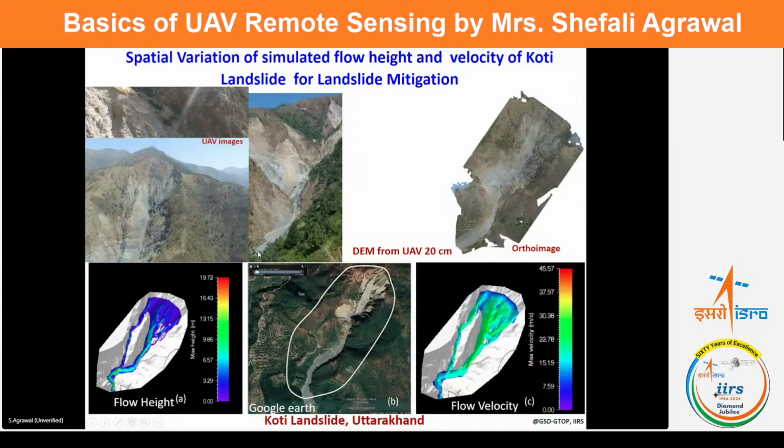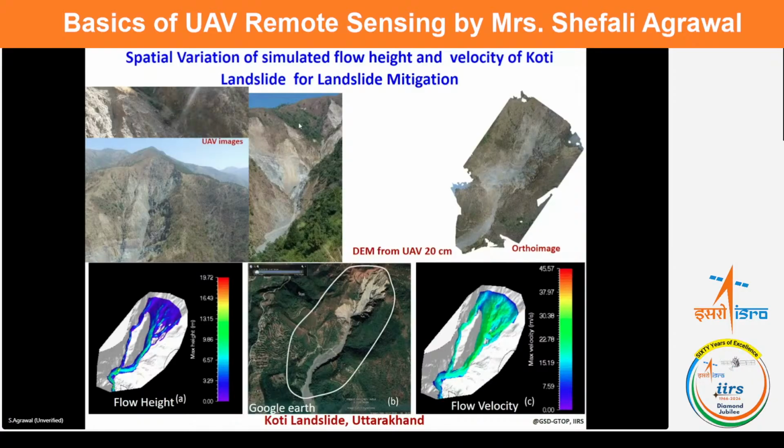In this case, we flew the drone along the direction of the slope, so we get the precise slope values or slope parameters of this landslide, and we tried to model and see. We compared it also with the digital elevation model generated from satellite-based data, to see that if a landslide triggers, then at what rate and with what velocity the debris will flow, and which regions and what area it will reach, and which regions will be impacted.